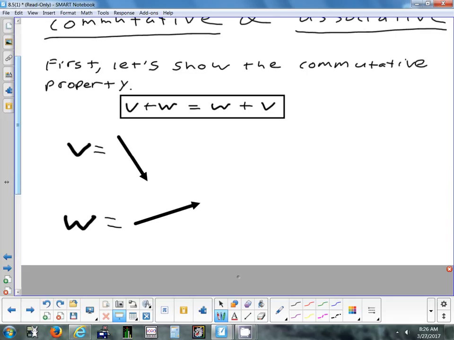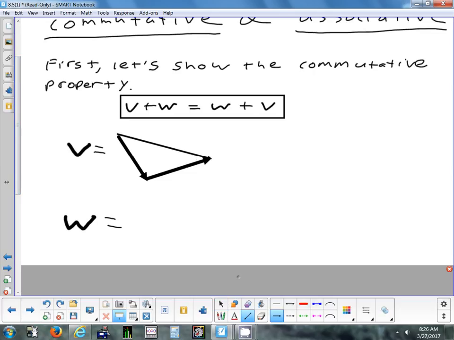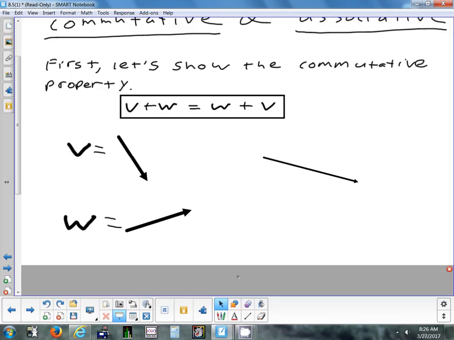So this part, you could just watch how this works. I'm going to do V plus W first. The way I just lined those up, that's V plus W. I don't have a grid, so I'm just estimating it the best I can. Off to the right is V plus W. Now I'm going to switch it and do W plus V. I'll take W and then add V onto the end of it.